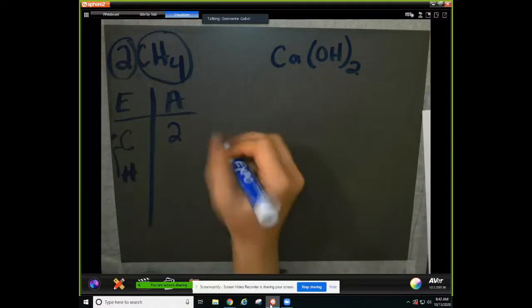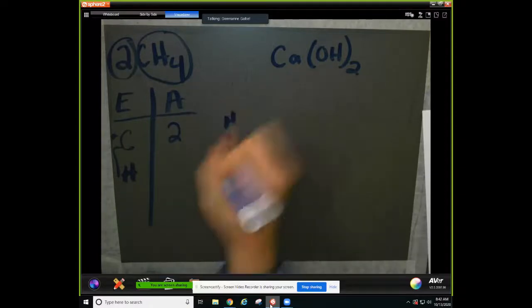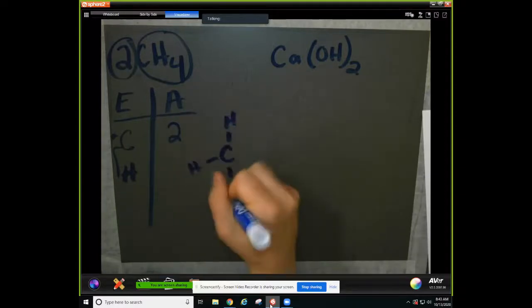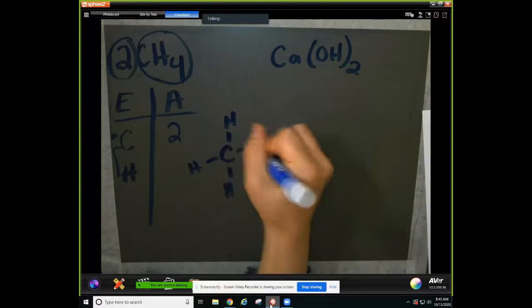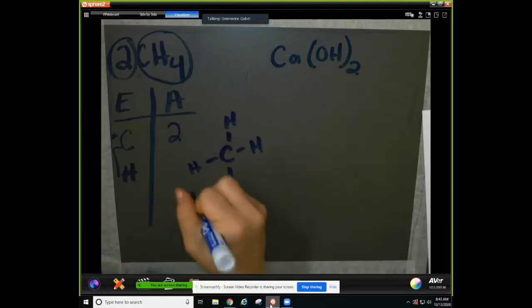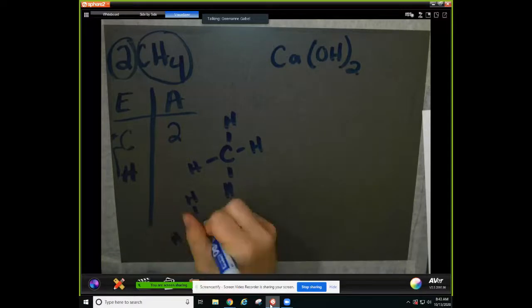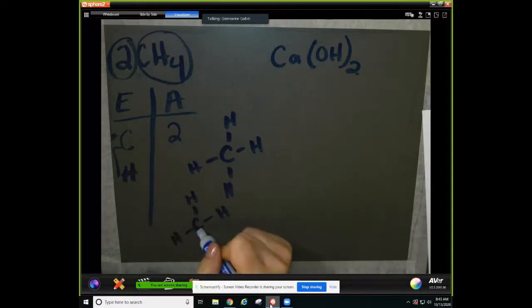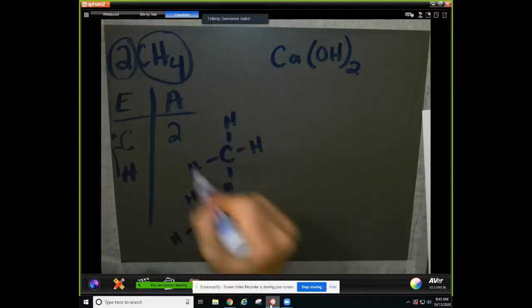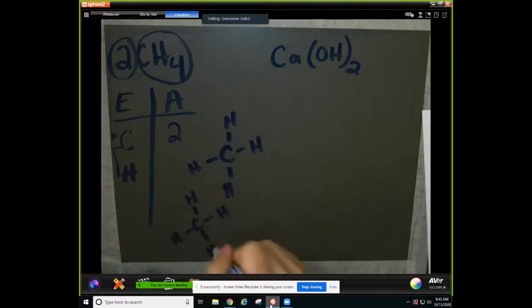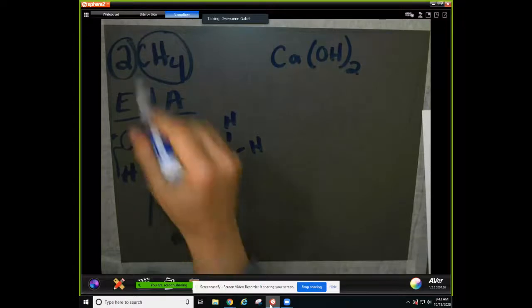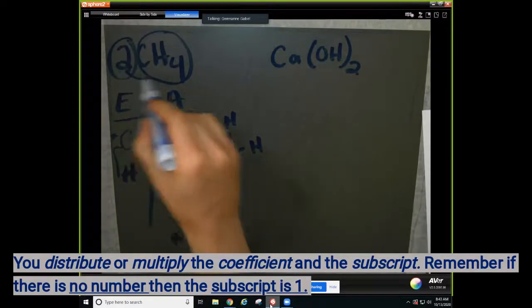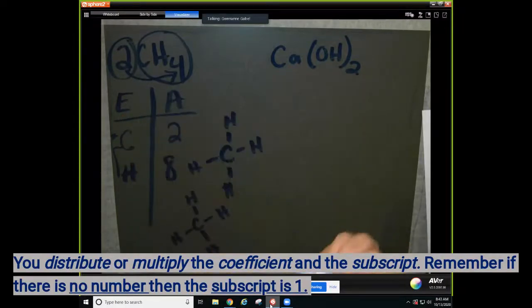So if I look at my picture again, I shouldn't have erased it. If you draw the picture, it makes it really easy to count. So I have 1, 2 carbons, and I have 1, 2, 3, 4, 5, 6, 7, 8 hydrogens. 2, your coefficient, times your subscript. Okay?